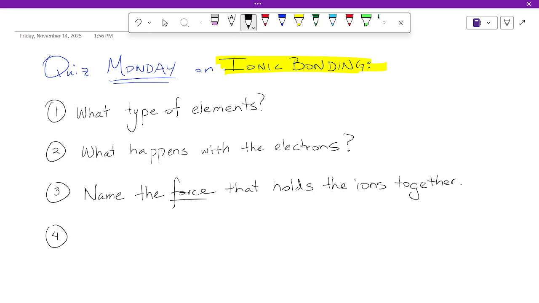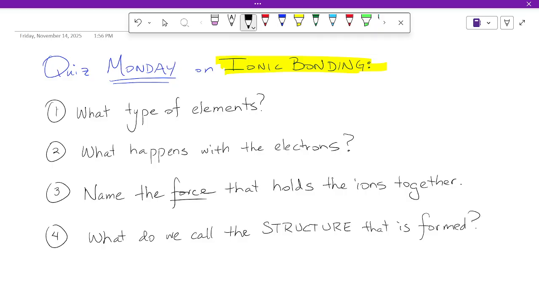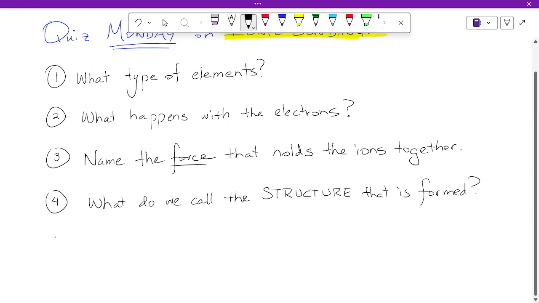You need to know, what do we call the structure that is formed? We want to know, draw a picture of the structure that is formed.